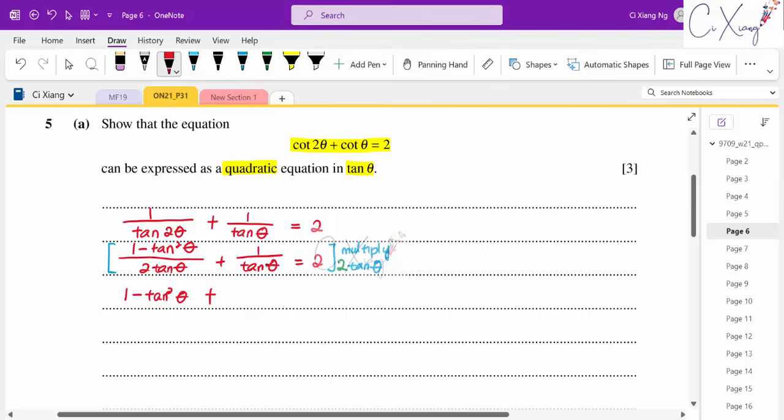Then this term multiplied with 2 tangent theta, you have a 2. Then this one, if you multiply with 2 tangent theta, you have 4 tangent theta. Okay, so after that, you try to rephrase your equation here. I think it's quite obvious already that you get a quadratic equation in tangent theta.